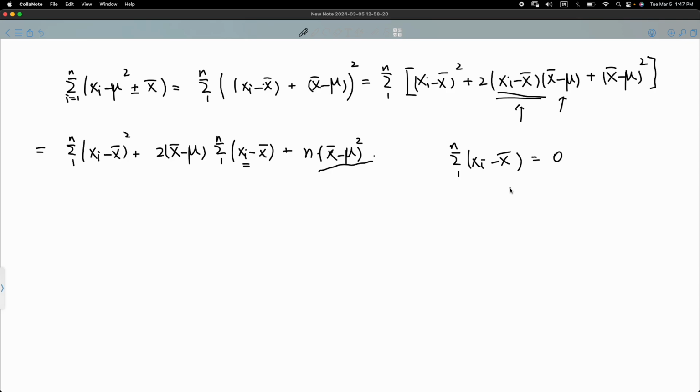So yeah, you can plug in the definition of x bar, and then expand this, and you will find it is equal to 0. Okay, so that's another comment here. So that means this thing will reduce to 0, and then you will have the summation from 1 to n of xi minus x bar squared plus n copies of x bar minus mu squared.